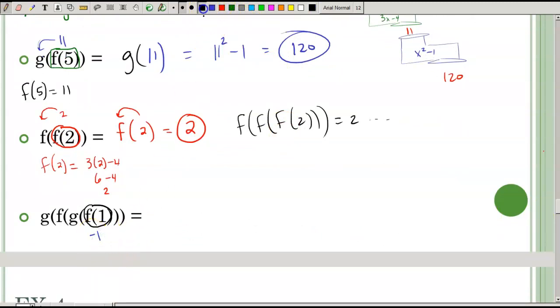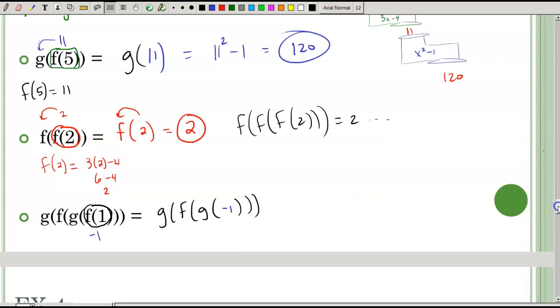So let me write this out again. So this would then be g of f of g of, and I did that first function, that's negative 1. So now I only have 3 more things to do. But now I'm going to do the next part right here, the innermost parentheses. So right here, what is g of negative 1?